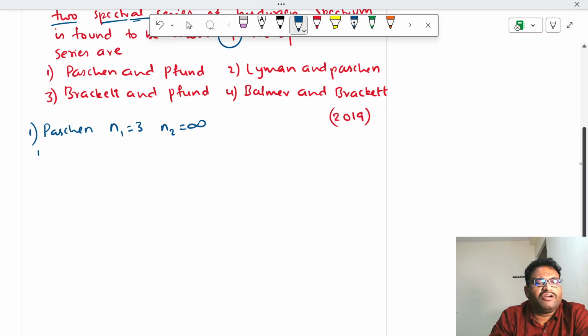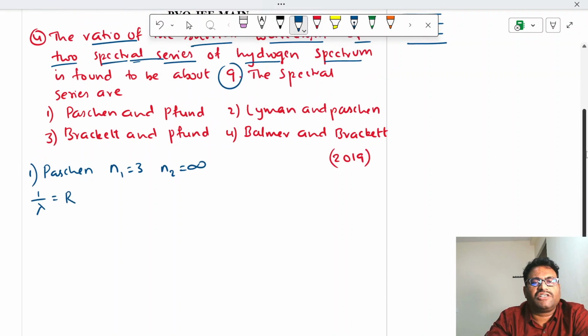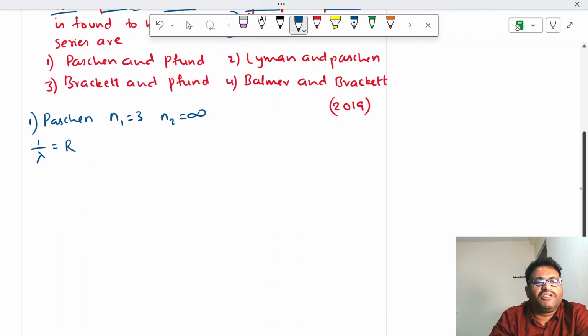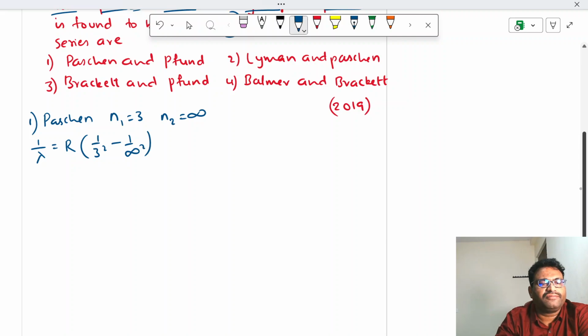So then what do you get? 1 by lambda is equal to R, and this is asked for the hydrogen atom, so Z will be equal to 1. So 1 by 3 square minus 1 by infinity square. 1 by lambda is equal to R by 9. Lambda is equal to 9 by R.